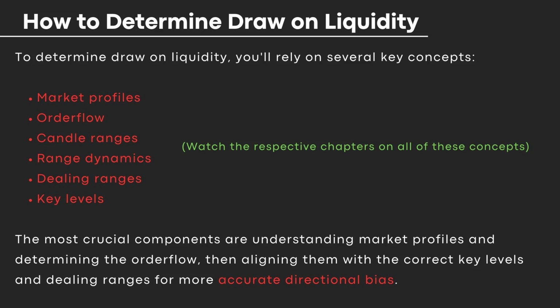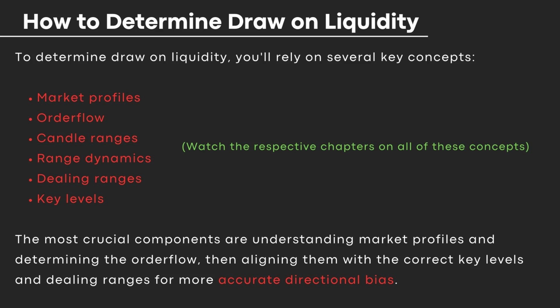Now remember, the process might sound simple, but it has got a few details and intricacies to it, and you must be aware of all of them and then make informed decisions based off of that, and that will help you anticipate and determine your drawn liquidity, both short term and long term.